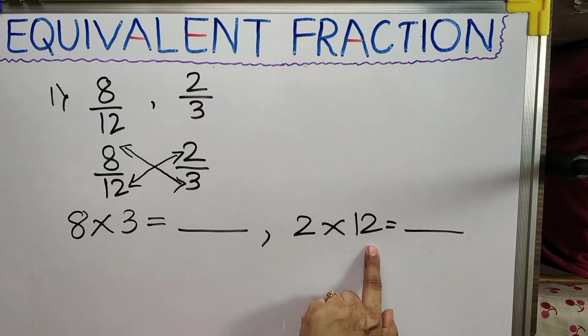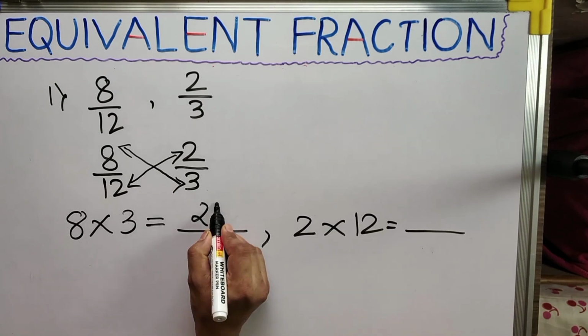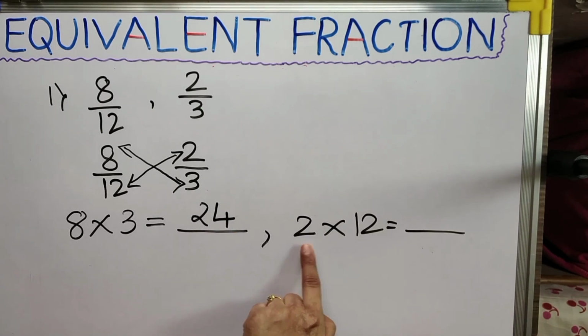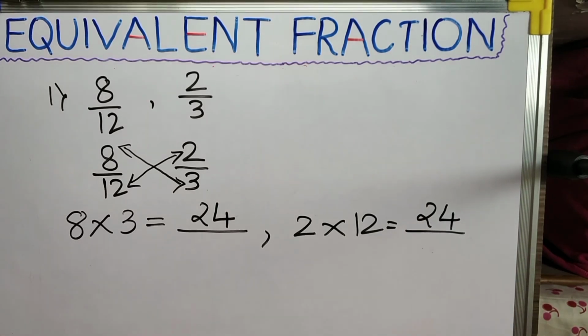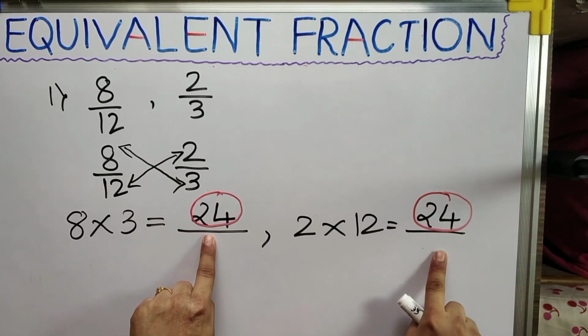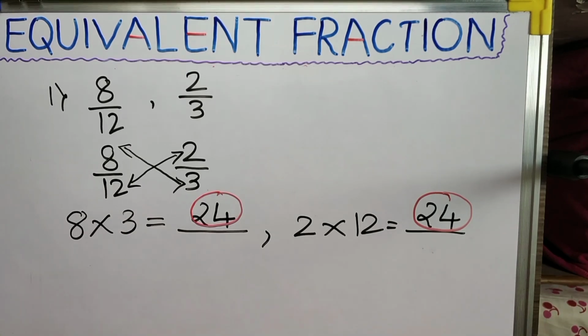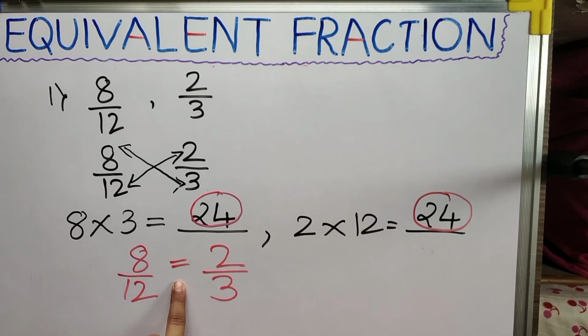So first let us find the products. 8 multiplied by 3, 8 3s are 24. 2 multiplied by 12, 2 12s are 24. So as you can see here, the two products are the same. So the given fraction 8 upon 12 is equivalent to 2 upon 3. Very easy to check for the equivalence of given fractions. We just need to cross multiply, and if the products are the same, they are equivalent.